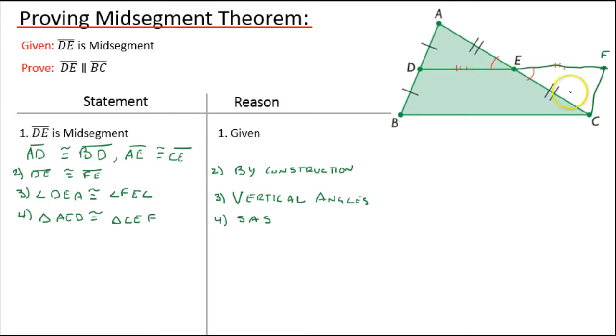So I know that this has to be congruent to this side. All three of these sides are congruent. But moreover, I care about this angle here, which is congruent to this angle here by corresponding parts of corresponding triangles. So I'm going to go ahead and write that in.